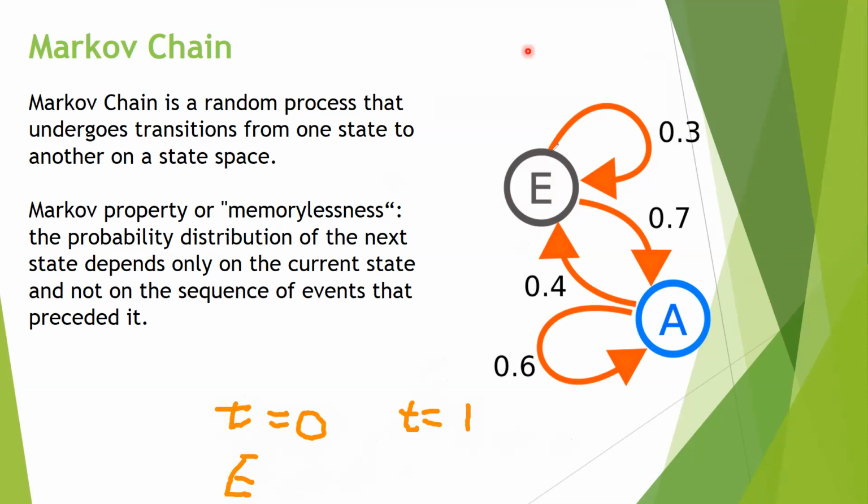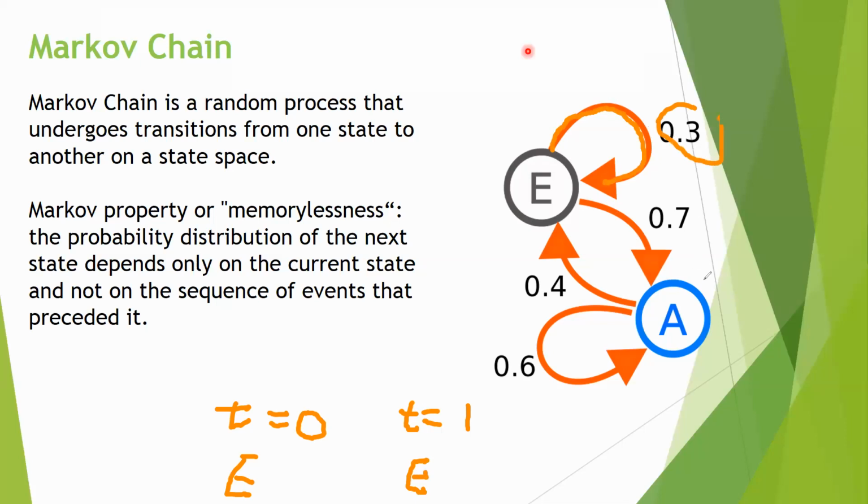Either the chain will remain in the E state, with the probability of staying within E being 0.3.